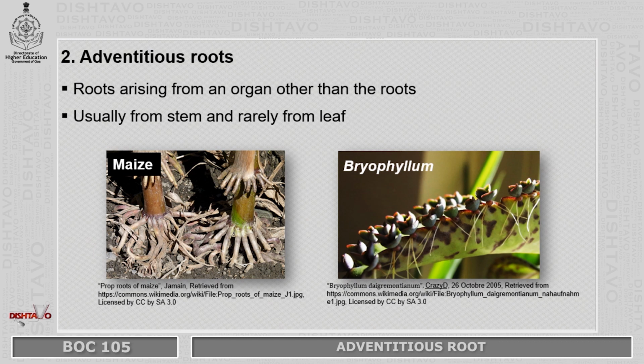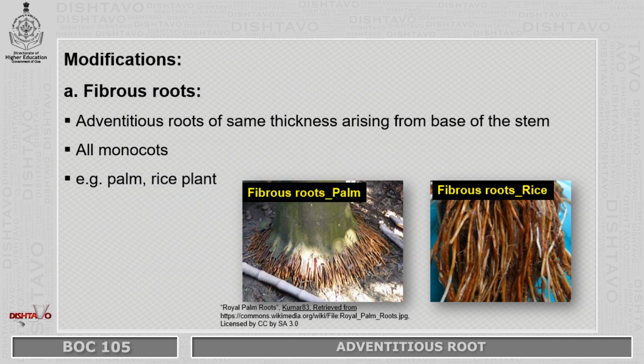So these are two examples: adventitious roots arising from the stem, the best example is maize, and adventitious roots arising from the leaf, the best example is Bryophyllum. You may know, when you keep one Bryophyllum leaf in a notebook for 15 to 20 days, you will find small shoots arise all along the margin, and slowly roots also come out of these.